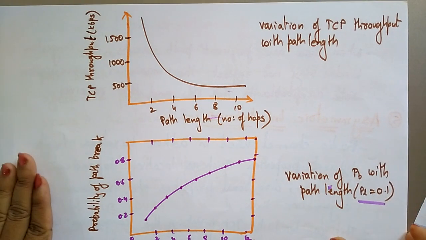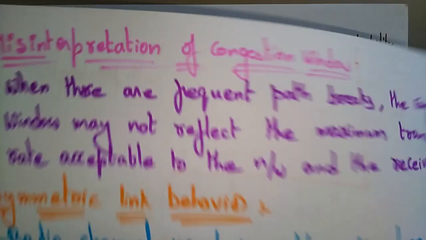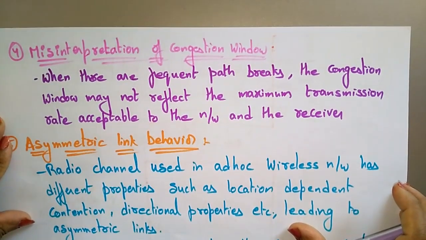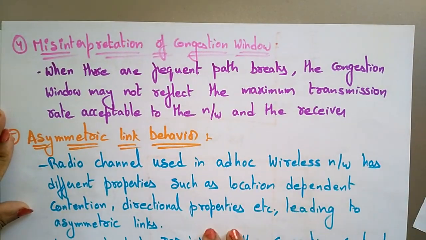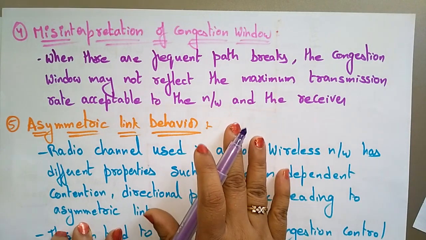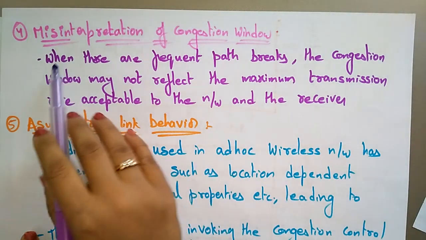Coming to the next reason, misinterpretation of congestion window. We already discussed that misinterpretation of packet loss is one reason, and the congestion window is also one of the reasons TCP does not perform well in ad hoc networks.